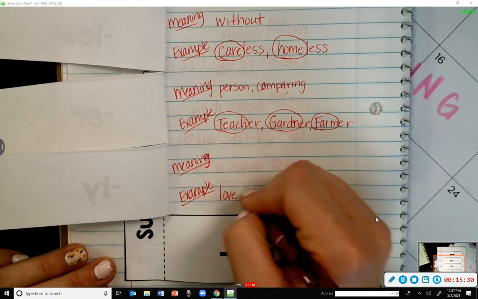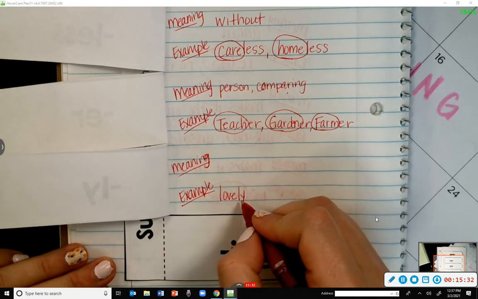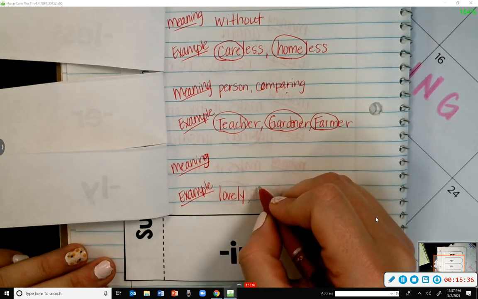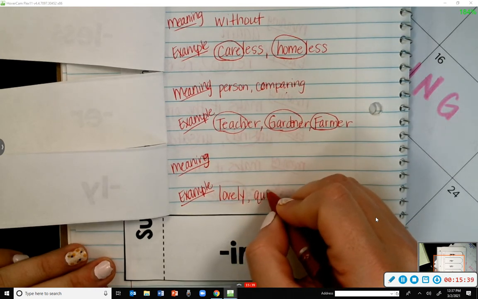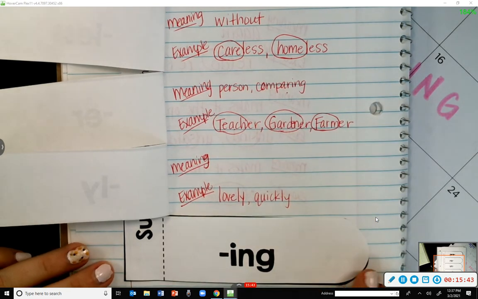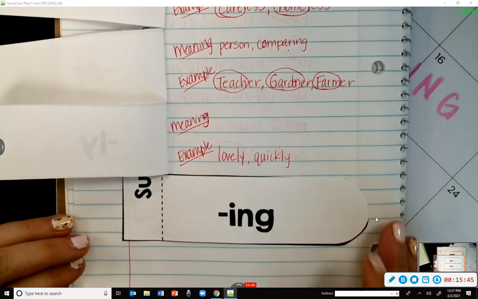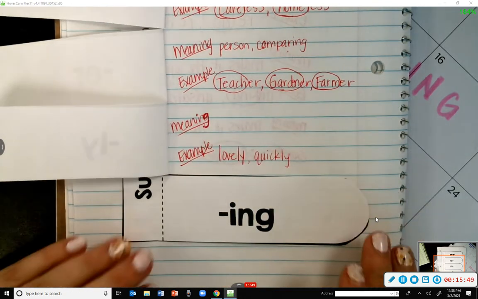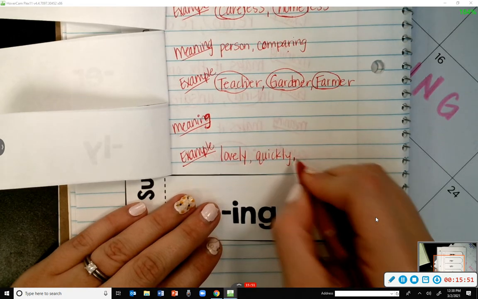So we're taking love and adding LY. Quickly. Okay, we'll just leave the meaning blank. So it's hard to put a meaning on that one because they all can mean different things.